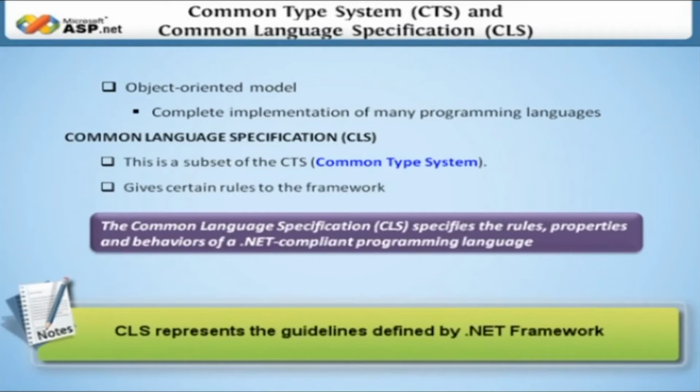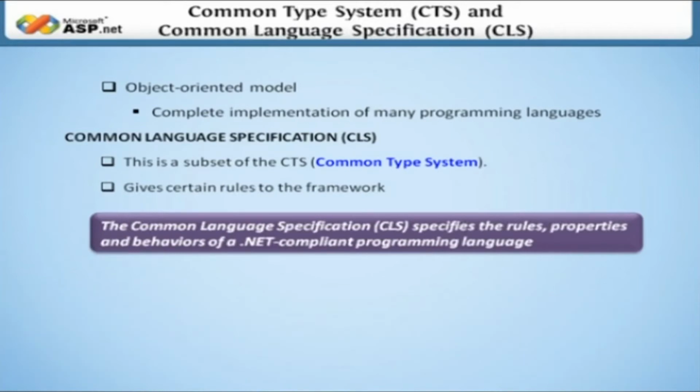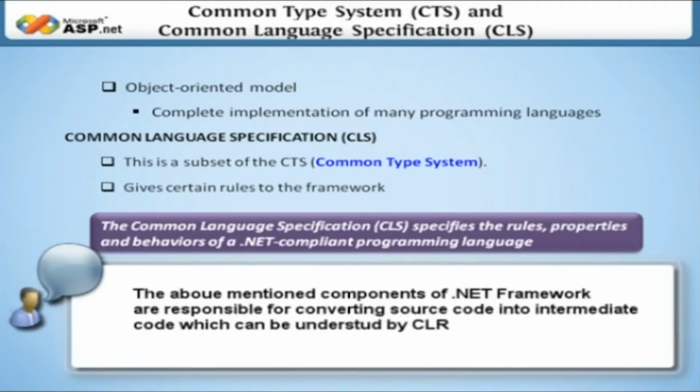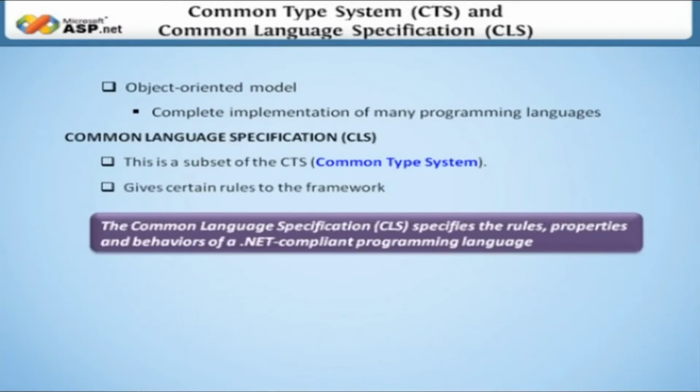The CLS represents the guidelines defined by the .NET Framework. The above-mentioned components of .NET Framework are responsible for converting source code into intermediate code, which can be understood by the CLR. Now, in our next lesson, we're going to discuss CLR.